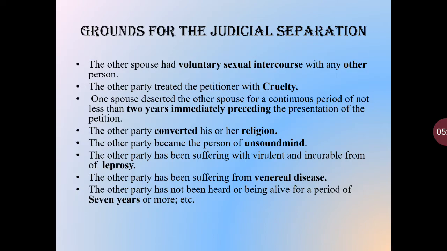The other party converted his or her religion. The other party became a person of unsound mind. The other party has been suffering from incurable leprosy. The other party has been suffering from venereal disease. The other party has not been heard of for the last 7 years.